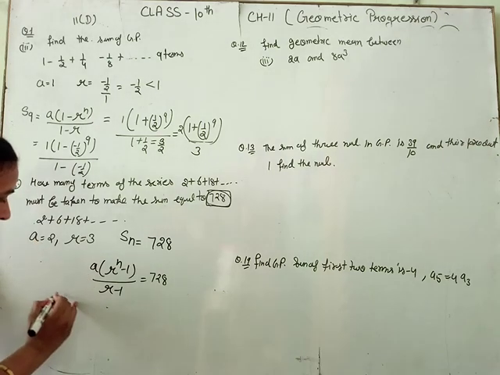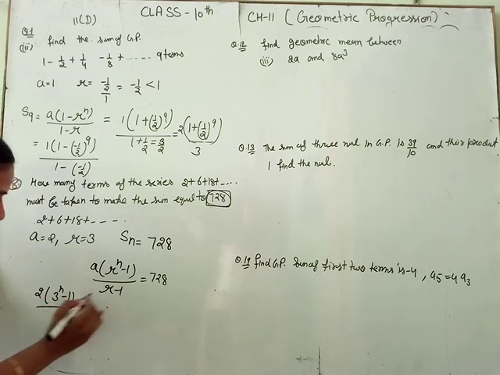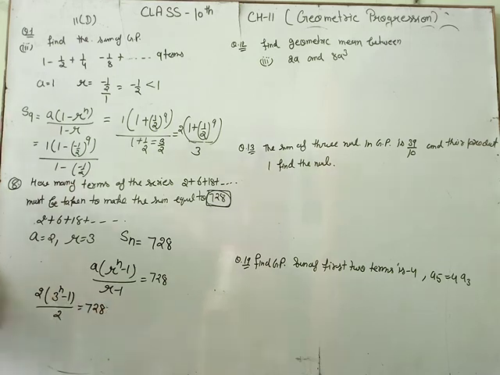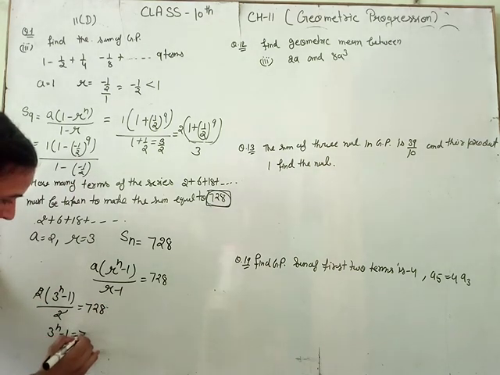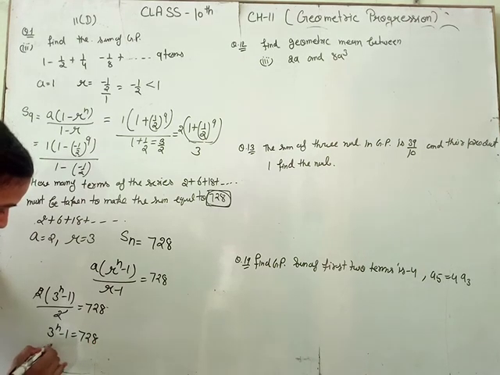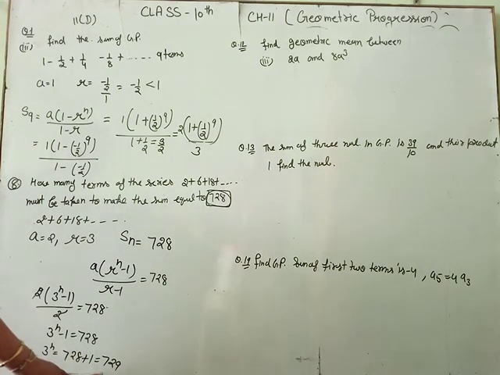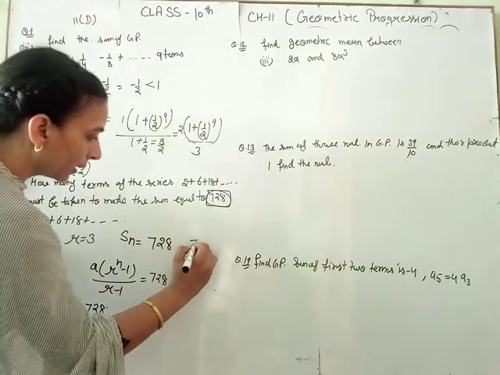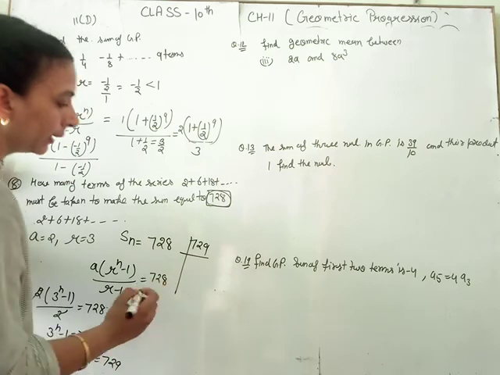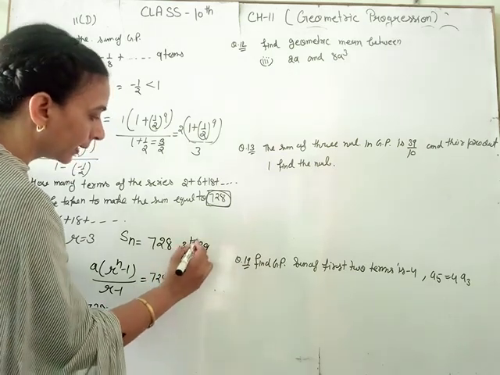In place of A, 2, and R is 3, so 2 times 3 to the power n minus 1, divided by 3 minus 1, equals 728. Cancelling, 3 to the power n minus 1 equals 728, so 3 to the power n equals 728 plus 1, which is 729. We represent 729 as a power of 3. First we find the factors of 729.